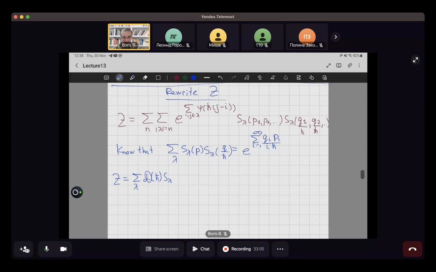This D is a linear operator on Schur functions, and these s_lambda of q are constants, so you may think of all this expression as D acting on s_lambda times some constant.